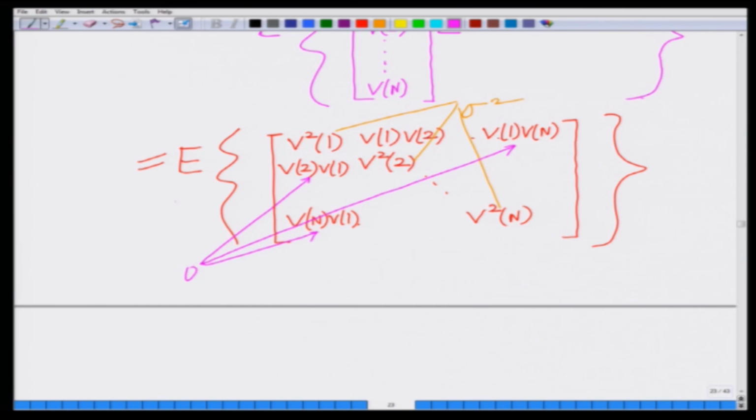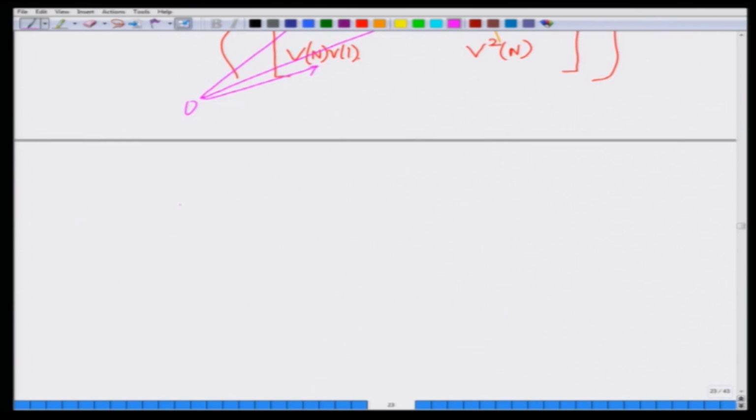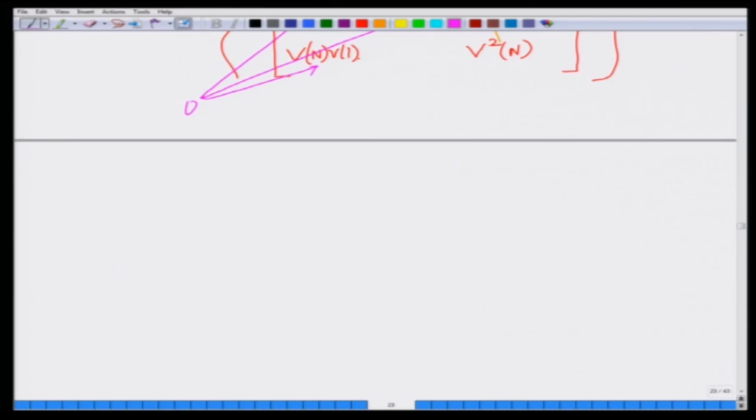So, the only expectations that are going to survive are the expected values of the diagonal terms, which are the squares of the different noise samples. Therefore, the covariance matrix is the n cross n matrix with sigma square on the diagonal, each diagonal element equal to sigma square, and the rest of the entries 0.